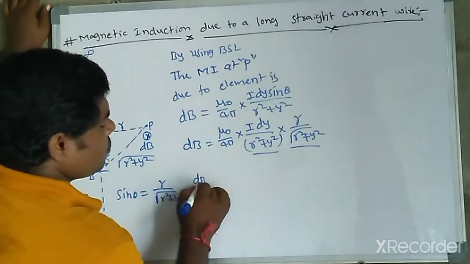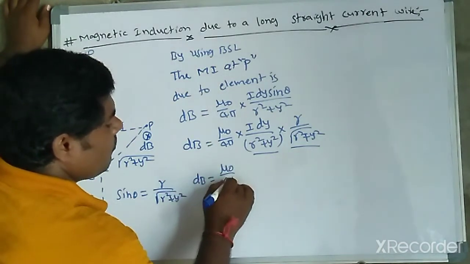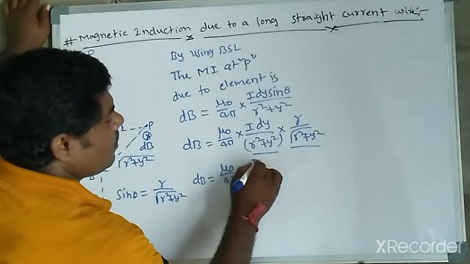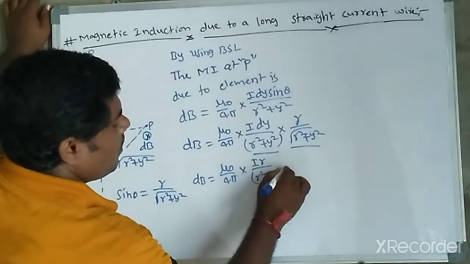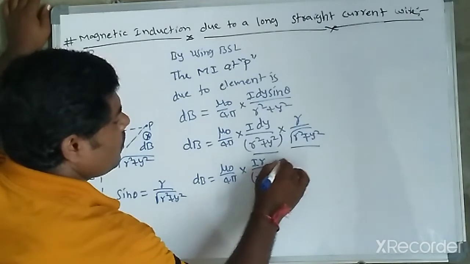So dB equals mu naught by 4 pi into I into R divided by R squared plus Y squared whole power 3 by 2, into dy.